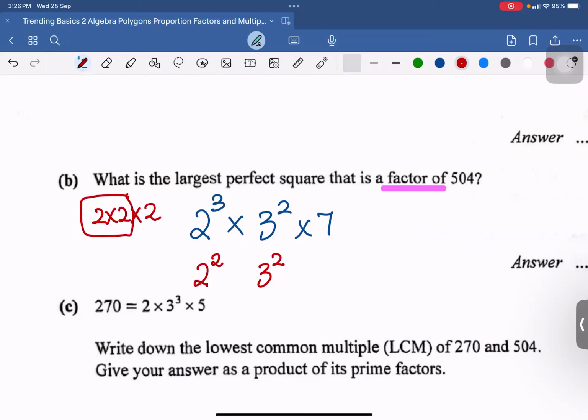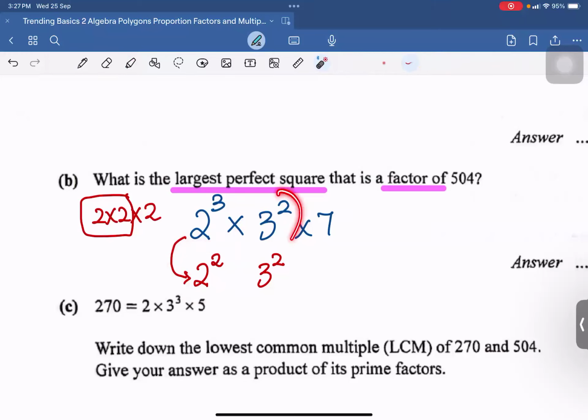504 divided by 4, got answer what? Yeah, 126. So I can extract out from this one, the 2 cube, I take out only the perfect square. They want it as large as possible, so as many perfect squares as possible. So from here, I take out the 2 square. Out of the 3 of them, I take out 2 square.